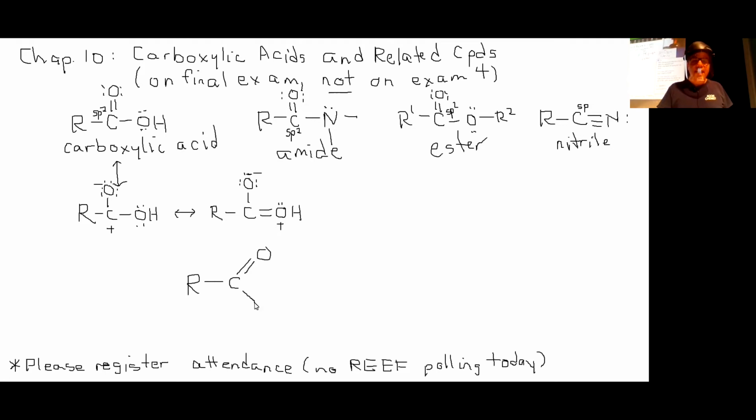These things tend to dimerize, at least in the pure liquid state and in the gas phase. And they do so by hydrogen bonding. And it's not that hard to understand why that is, I don't think.